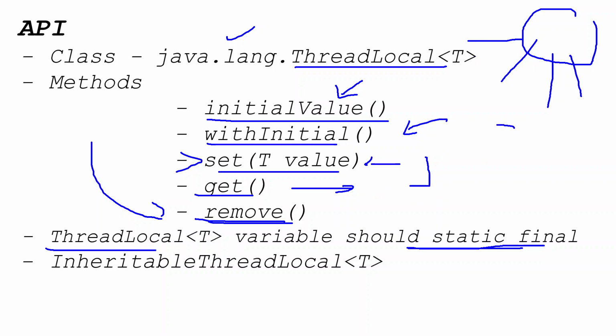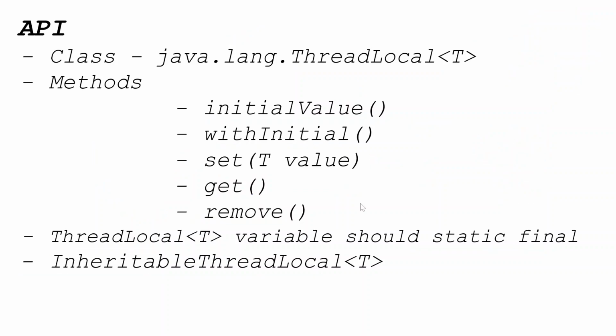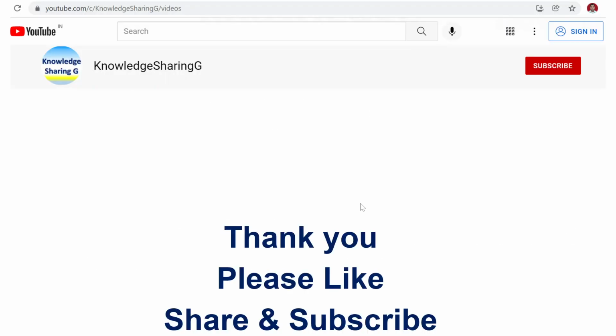Sometimes you want a thread to set some value and have all the child threads also access this value. At that time you can use the InheritableThreadLocal class. So this is one way to pass a safe value across method invocations, and that shareable value is accessed only by our threads.